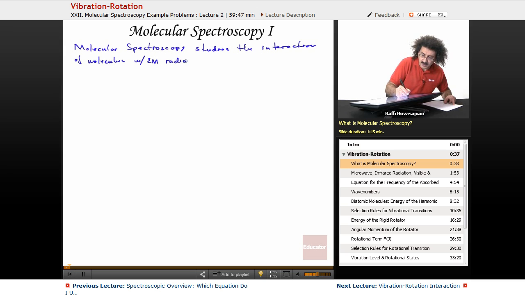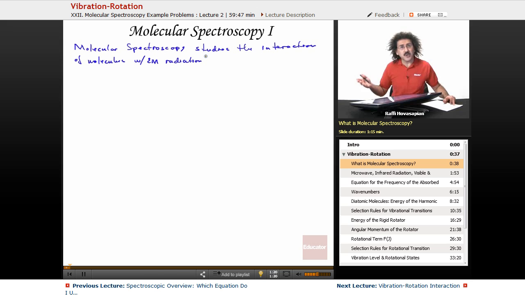That's all it is. We hit molecules with certain amounts of radiation in different regions of the electromagnetic spectrum, and we see what happens. That information gives us most of the information that we have about what's happening inside the molecules and how molecules behave.